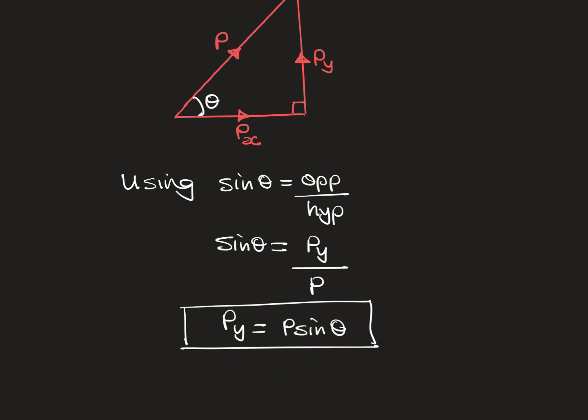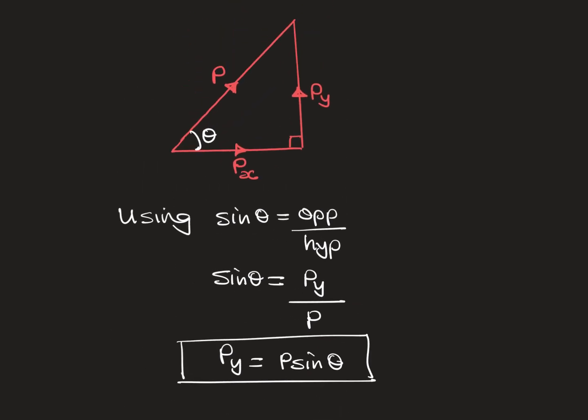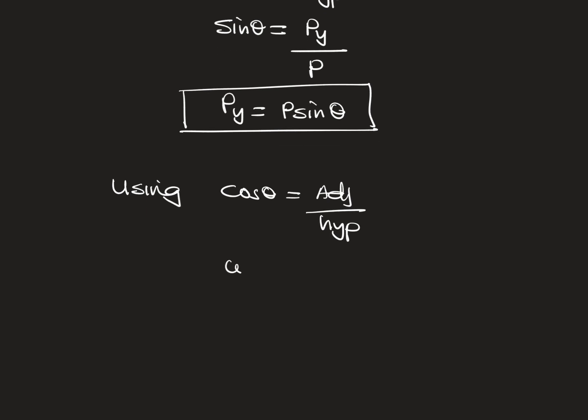Okay? Now, if we use cos theta is equal to adjacent over hypotenuse, going to the diagram, the adjacent is Px, the hypotenuse is P. Then we will have cos theta is equal to Px over P. So if I cross multiply, I will have Px is equal to P cos theta.